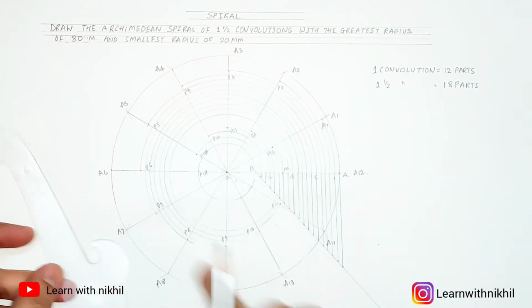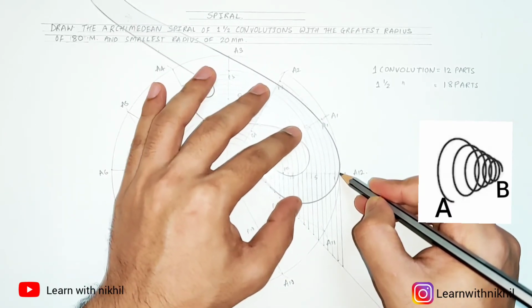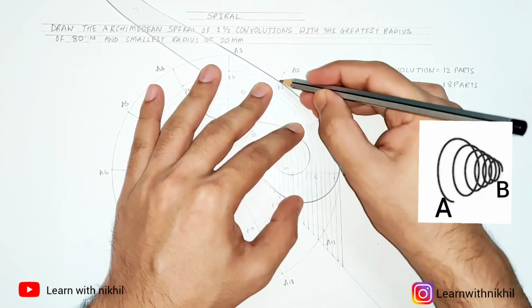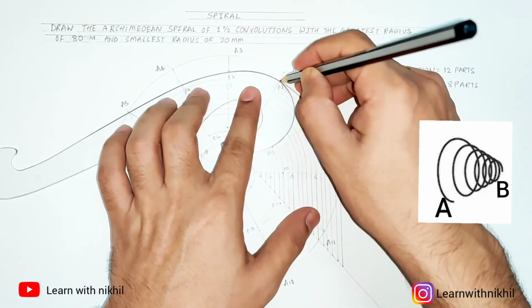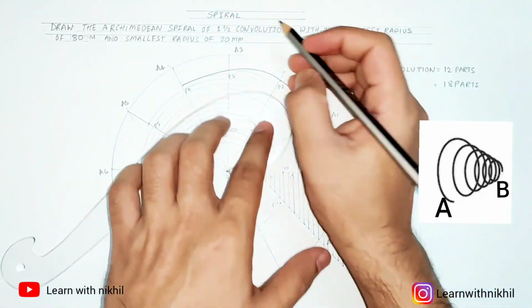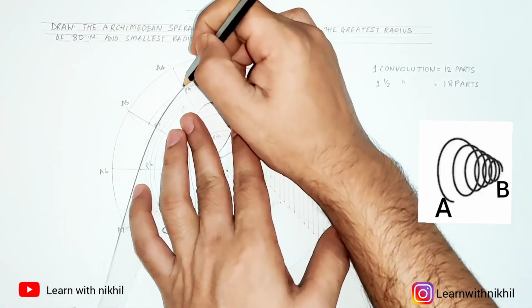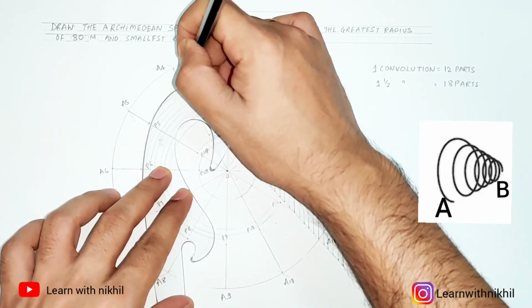And finally, you have to join all these points using a French curve, starting from A. As you know, the spiral starts from A and ends at B. Try to coincide 3 or more than 3 points.